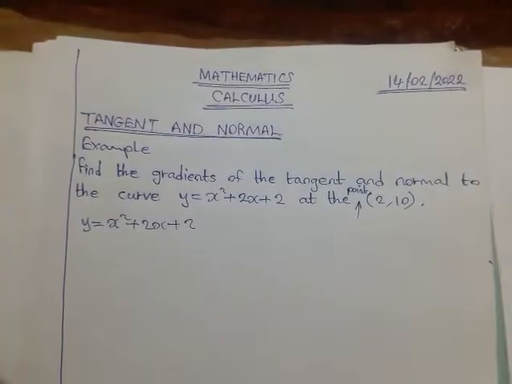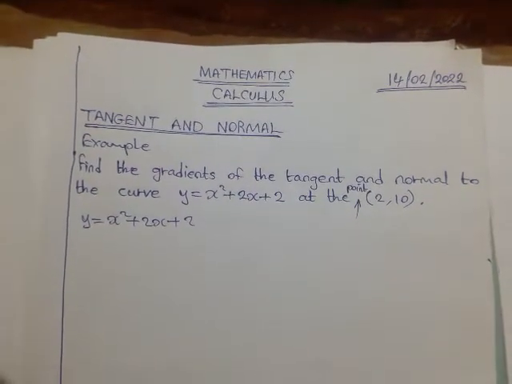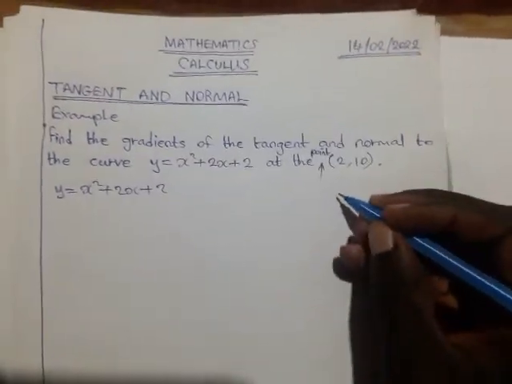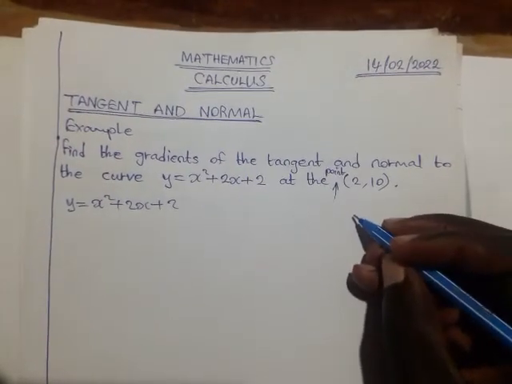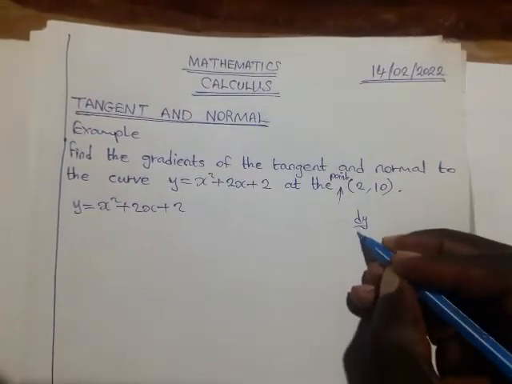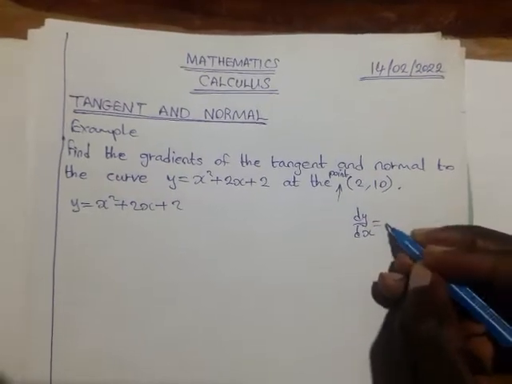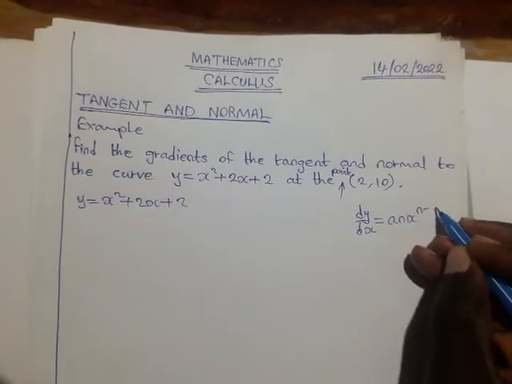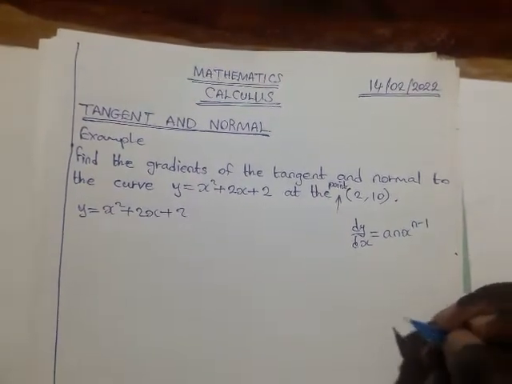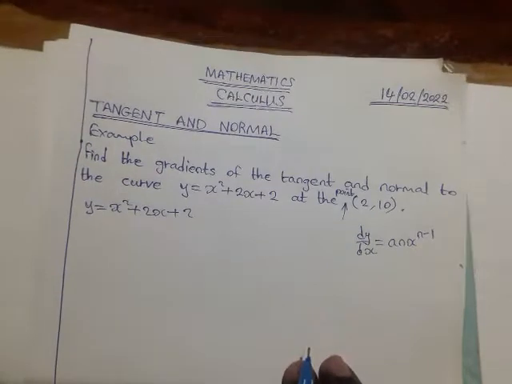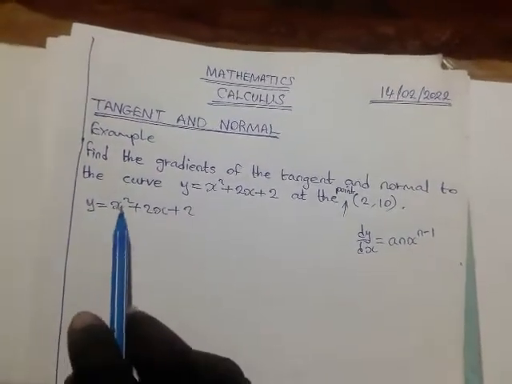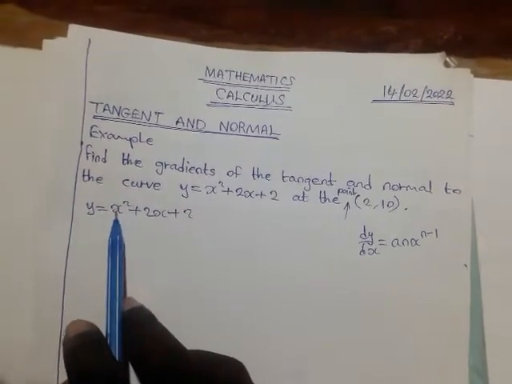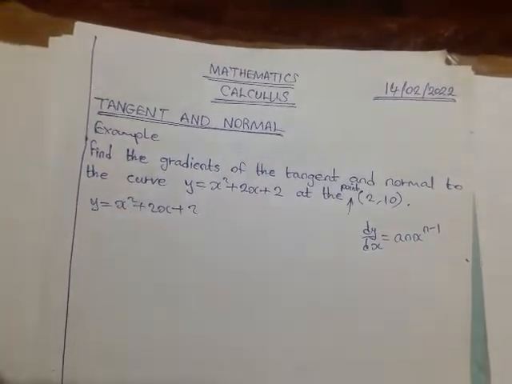Now the only method that is easy to apply is the power rule method, which states that dy over dx equals a n x to the n minus 1, which simply means when you have the curve given, you have to multiply the power to the coefficient of x, then you reduce the power by 1.